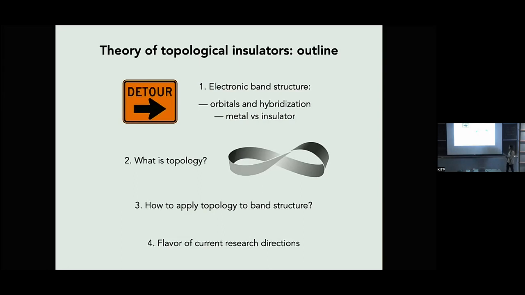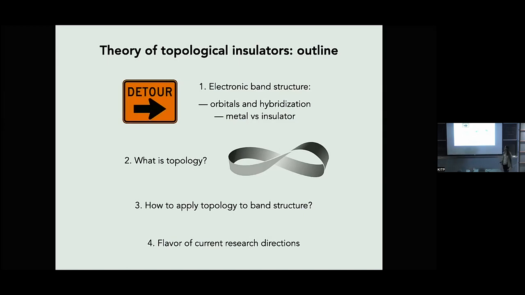That gives us a way to characterize which materials will be metals, which will be insulators, and which will be topological insulators. I'll then show a slide on what is topology, although I've already been alluding to it quite a bit. And then how do we combine these notions of topology with band structure? And if there's any time left, I'll say something about current research, my own research, and research topics related to the program.